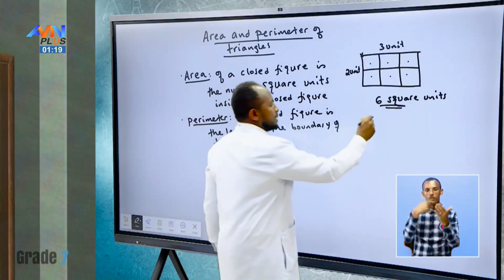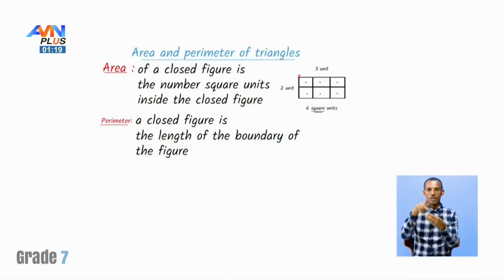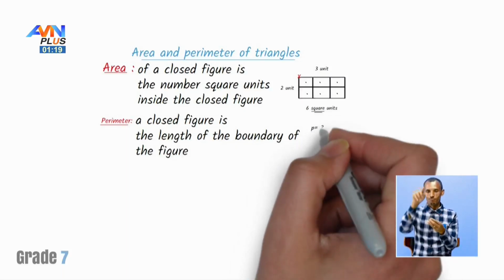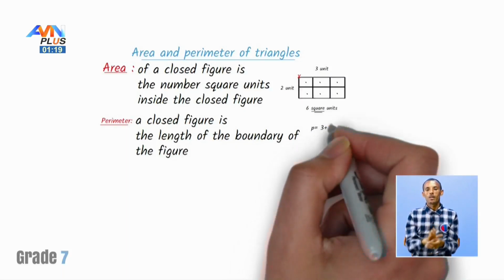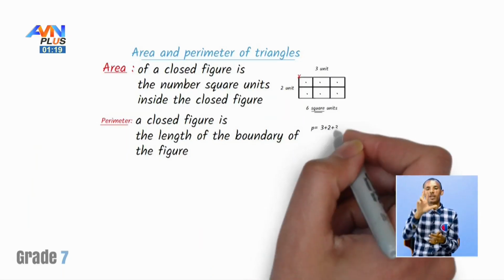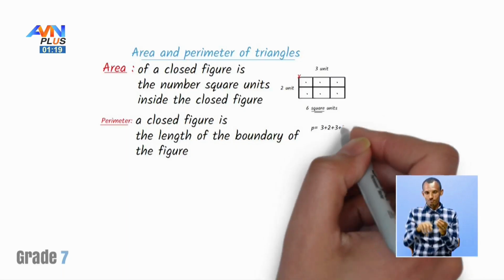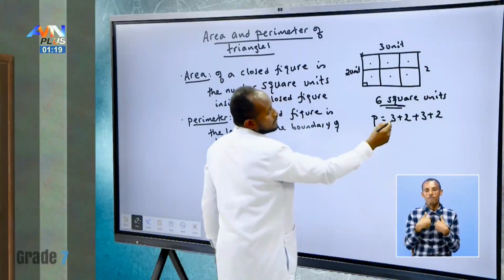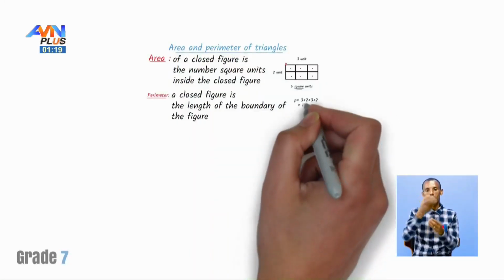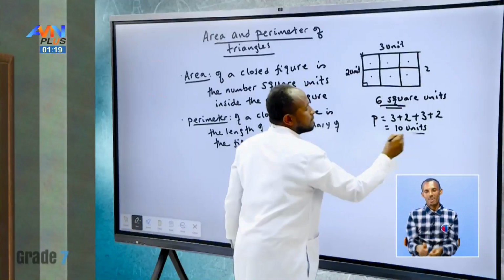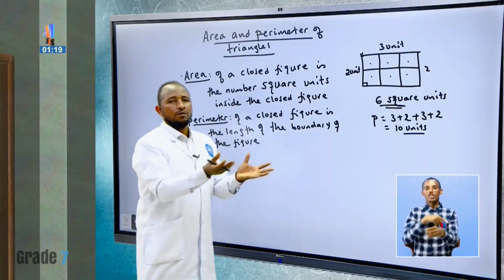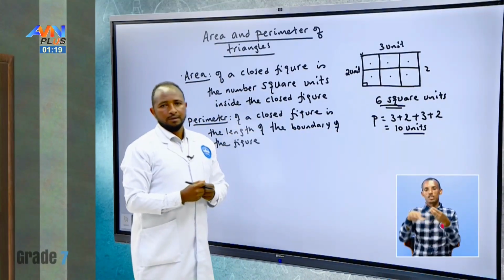Therefore, the perimeter will be, this length is 3 units, plus this one is 2, assuming this is a rectangle, and this one is 3, plus this one is 2. Totally, you have 3 plus 2 is 5, 5 plus 3 is 8, plus 2 is 10 units. So, this is the meaning of perimeter. The length of the boundary of that region is called perimeter.